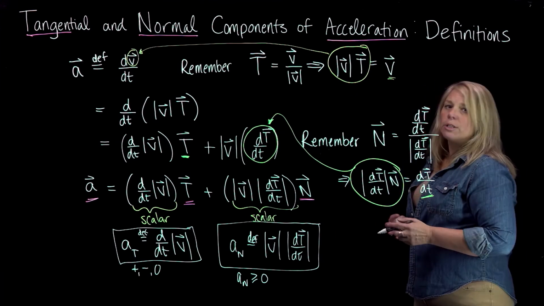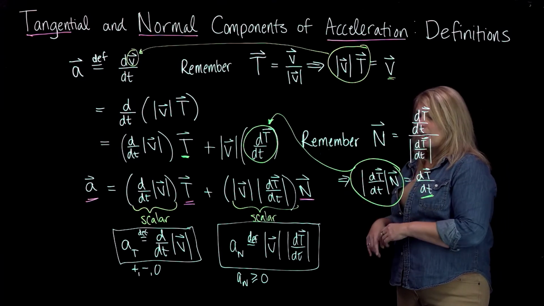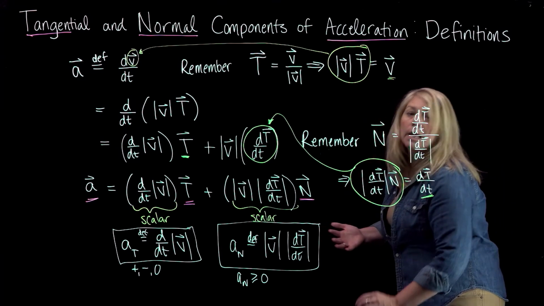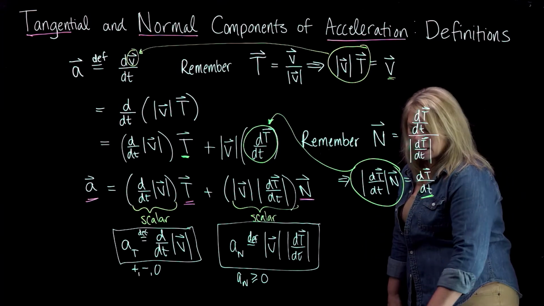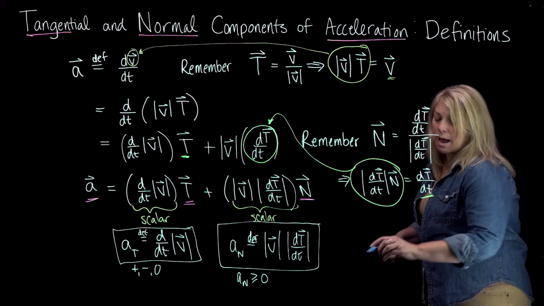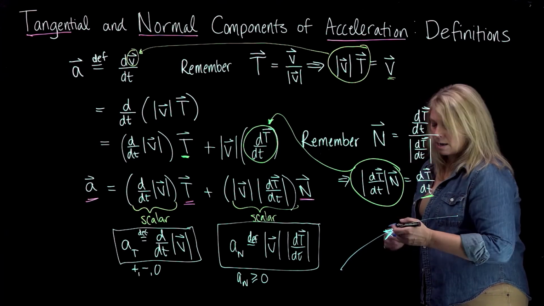All right, the only thing left that I want to talk about in this video is just a little picture illustrating what's going on here. There are really many pictures I could draw, so you don't want to get stuck on the one picture that I draw here. The idea is that if you have some object moving along a curve, we'll give it an orientation there.